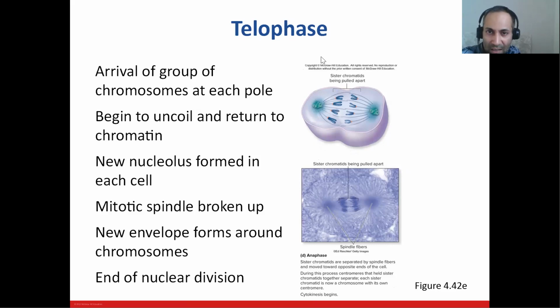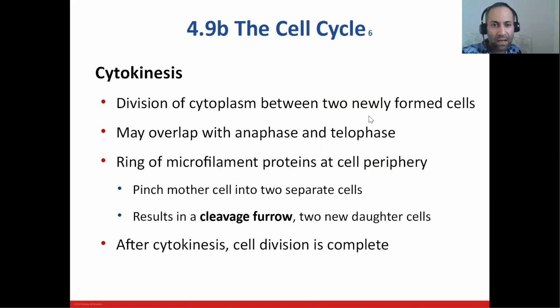Now you see how it's pinching in the middle, and eventually it's going to separate into two genetically identical clone daughter cells. And then cytokinesis. Cytokinesis is when the two daughter cells split. Each daughter cell receives exactly the same amount and number and type of genetic material as the parent cell.